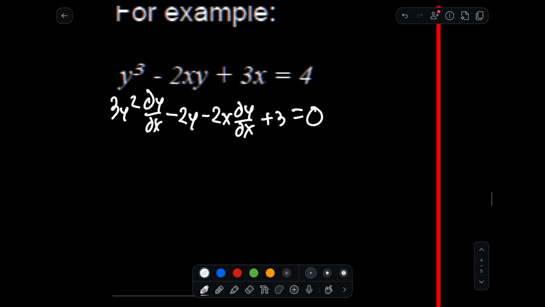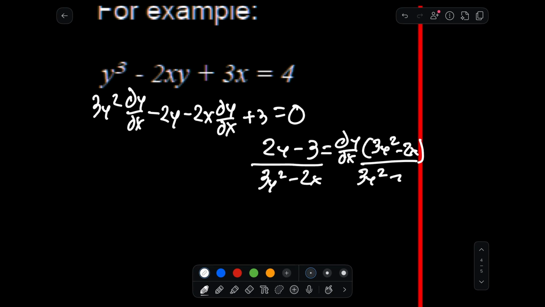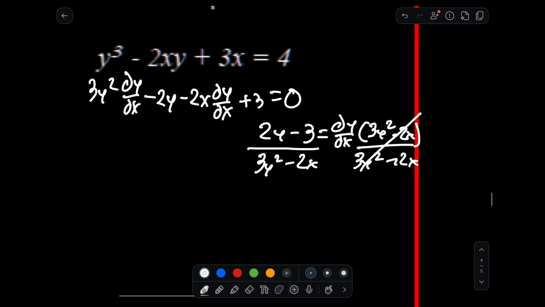So then we get 2y minus 3 equals dy dx times 3y squared minus 2x. Take the derivative and isolate for dy dx. And that is your answer for that part.